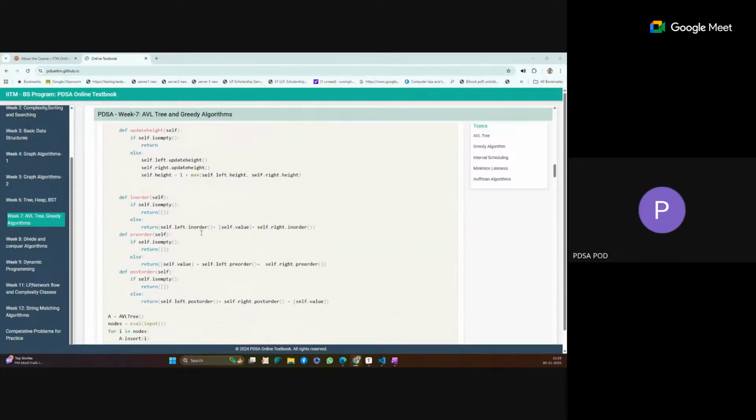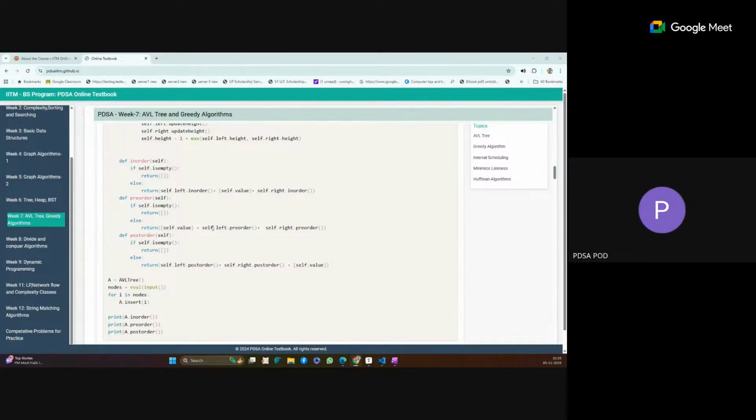Generally we do not ask code-based questions on the AVL tree, but conceptual questions: some order will be given and a question will be asked, like what is the leaf node of the final AVL tree. So you should know manually how to create an AVL tree, conceptually.